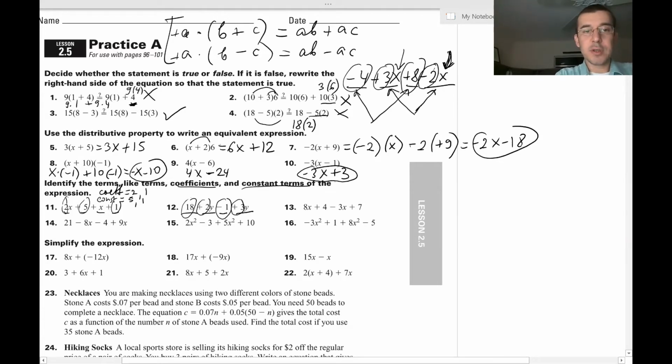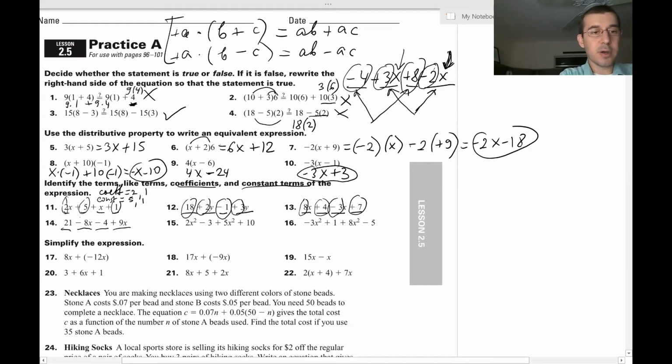For 13, the terms are 8x plus 4 minus 3x plus 7. The coefficients are 8 and minus 3. Constant terms are plus 4 and plus 7. Okay. Number 14, the terms are 21 minus 8x minus 4 plus 9x.